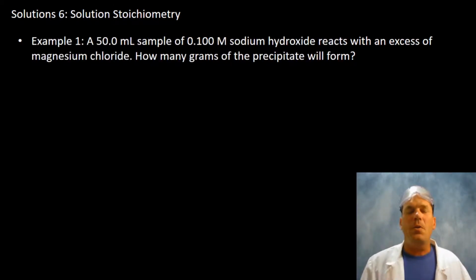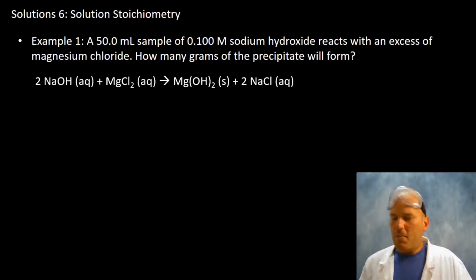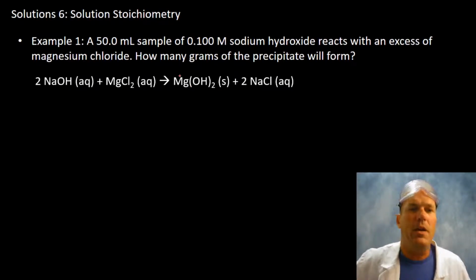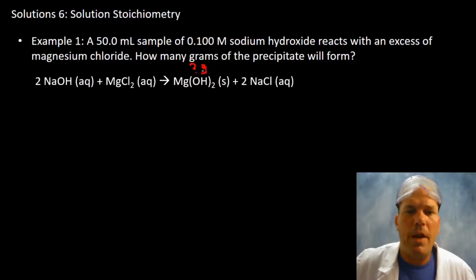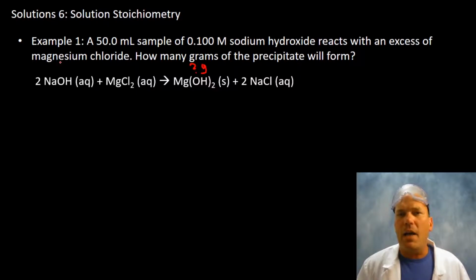Okay, so now we're ready to write and balance this reaction. And like we always do, we write down what we know. Well, we know we're being asked about how many grams forms here. And we know we have concentration and volume of the sodium hydroxide.